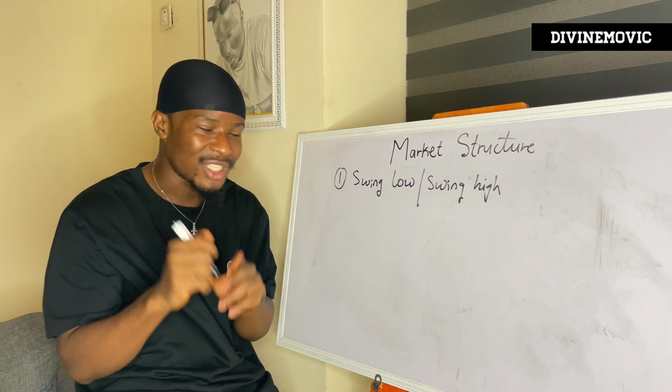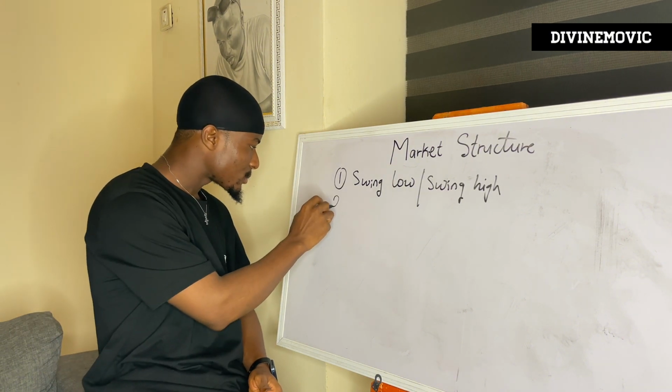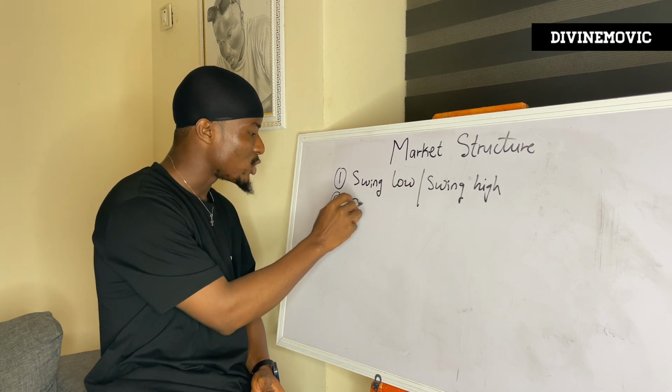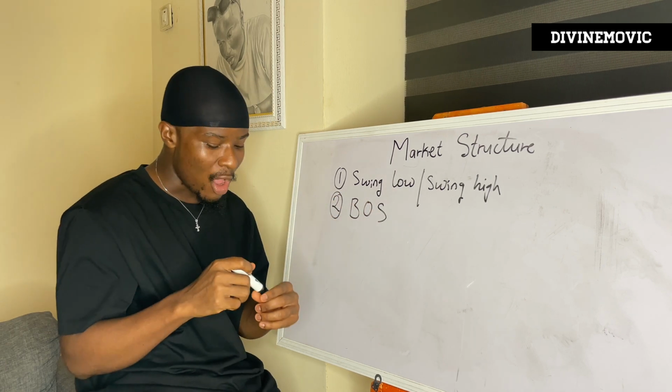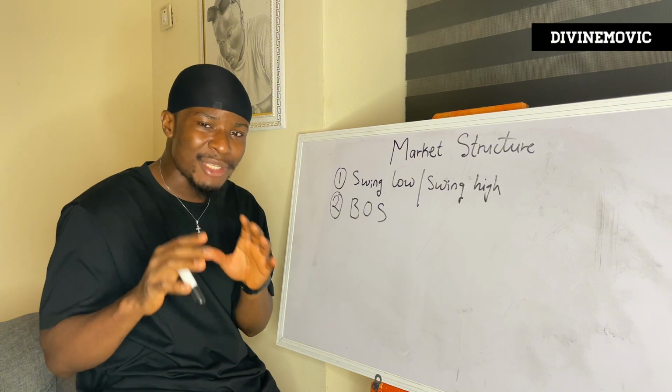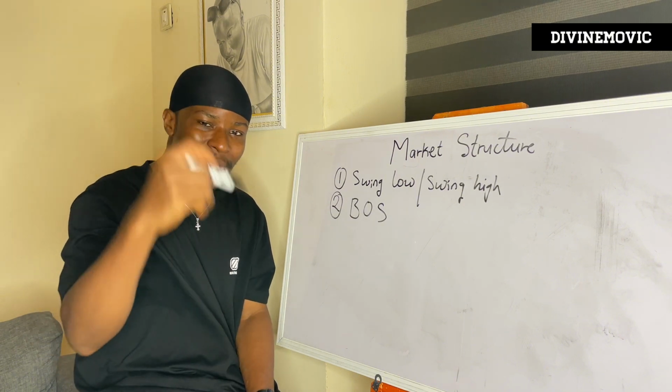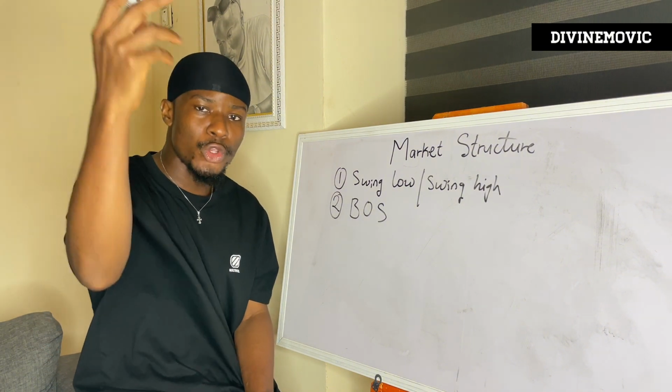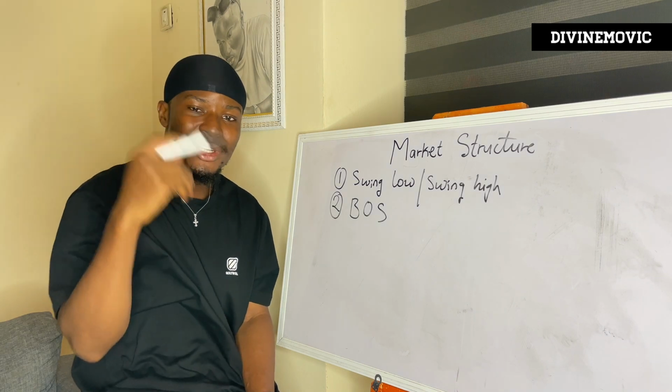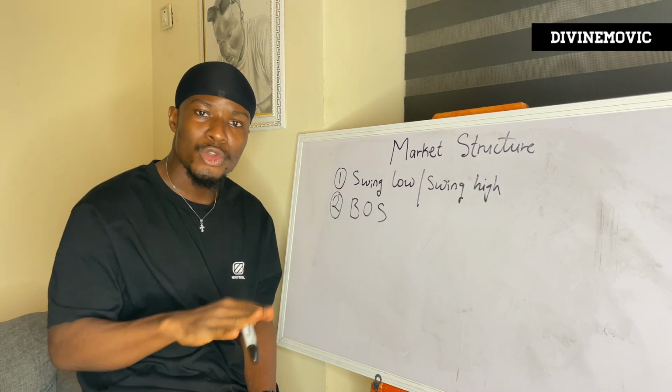Now, the second thing that you need to understand is break of structure, which I will present as BOS. Break of structure is simply what tells us that a price that is going up is going to continue going up, or a price that is going down is going to continue going down.